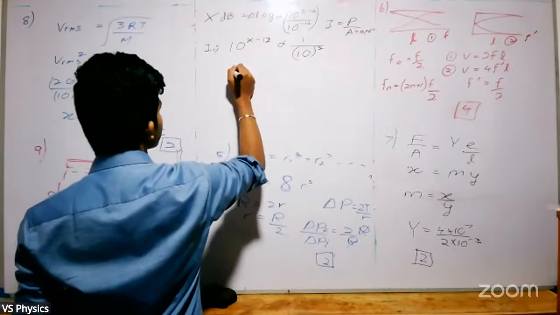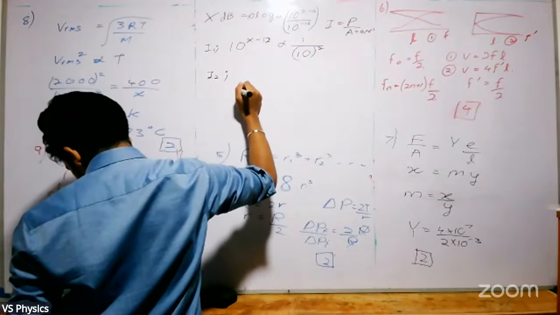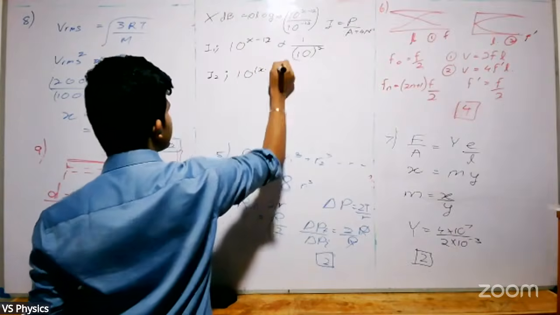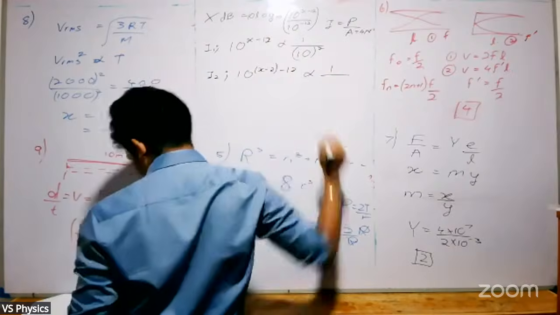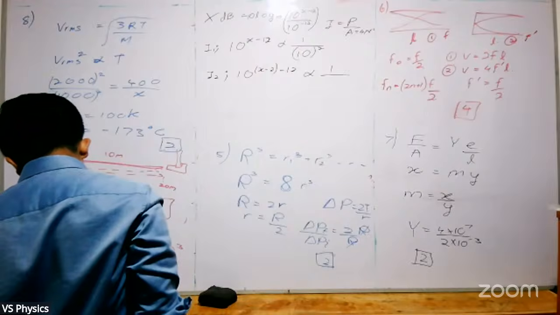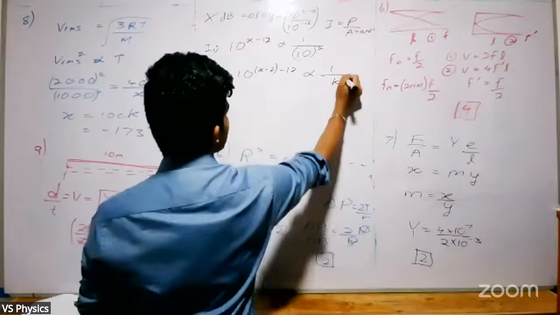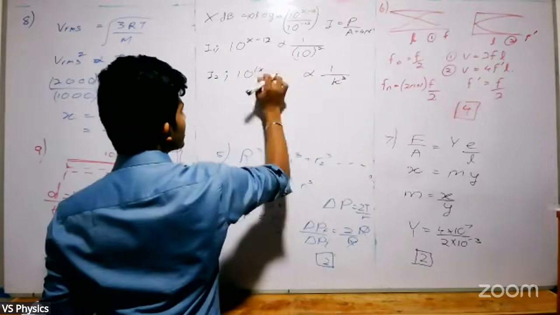Then what do we have? The second intensity, 10 to the power x minus 2, minus 12, is proportional to what? We don't know the distance, so let's call it k, 1 over k squared. The addition of this will actually give minus 14.